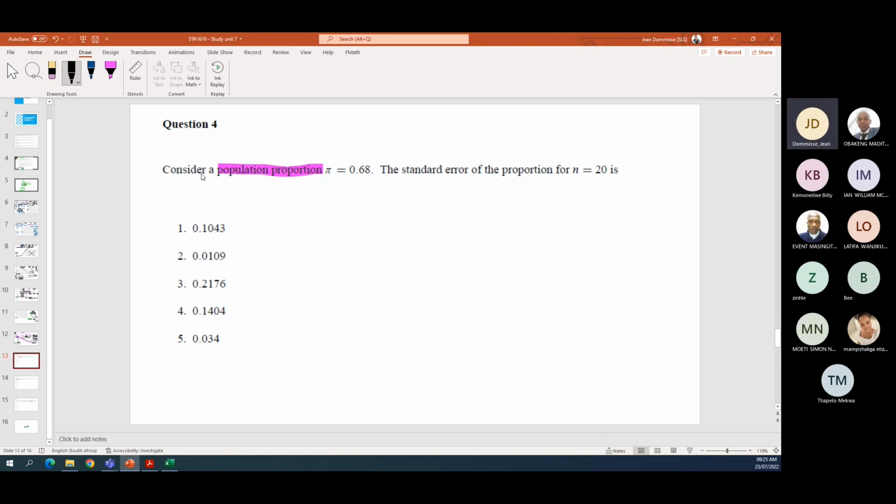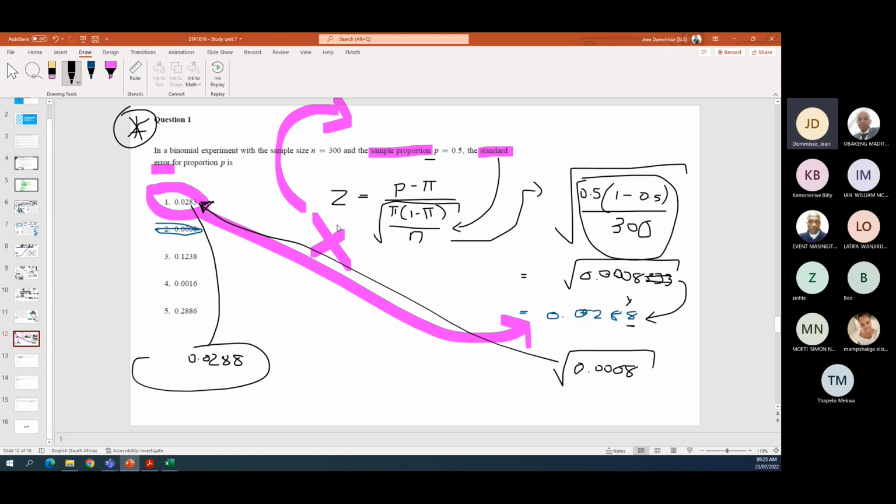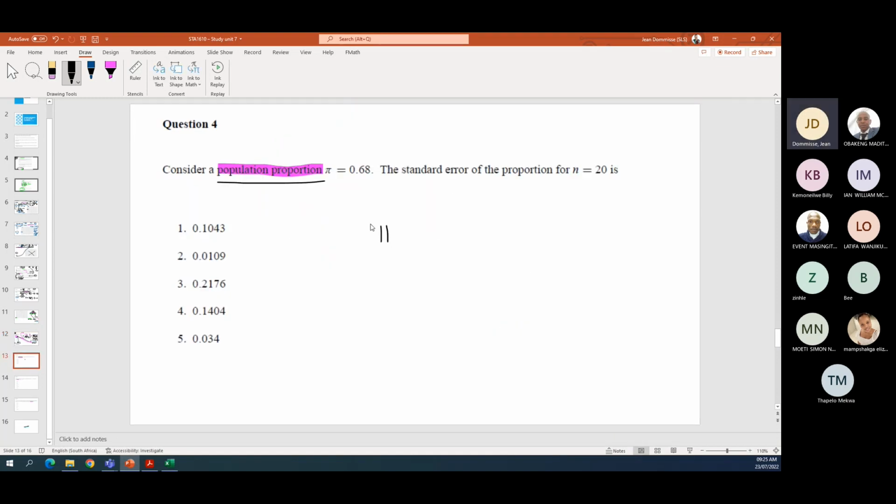Okay, so consider population proportion. Okay, so again, let's see. So the standard error, as you can see, I don't remember it. I'll always go back to the formula page for this. Okay, population proportion is that.